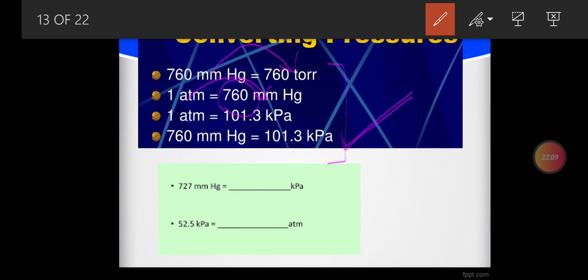Using the unitary method, 1 mmHg equals 101.325 divided by 760, and the third step is 727 mmHg equals 101.325 divided by 760, multiplied by 727.